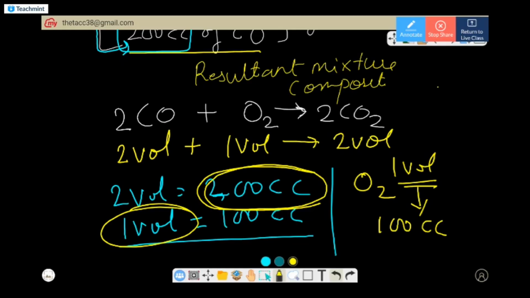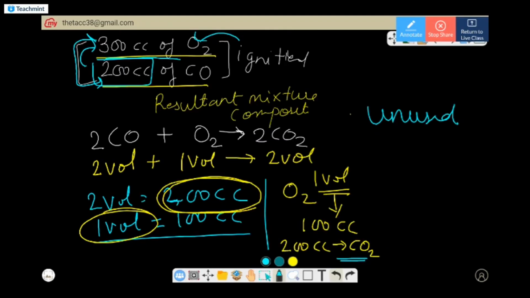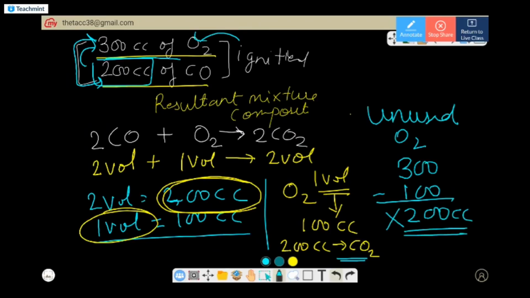So what is the resultant mixture? Are we only having carbon dioxide in the result? No, there is some extra oxygen which was not used. How much is the unused oxygen? They gave us 300, but we just took 100 for the reaction to happen. So 200 cc has gone waste. It is unreacted. So there are two things in your result.